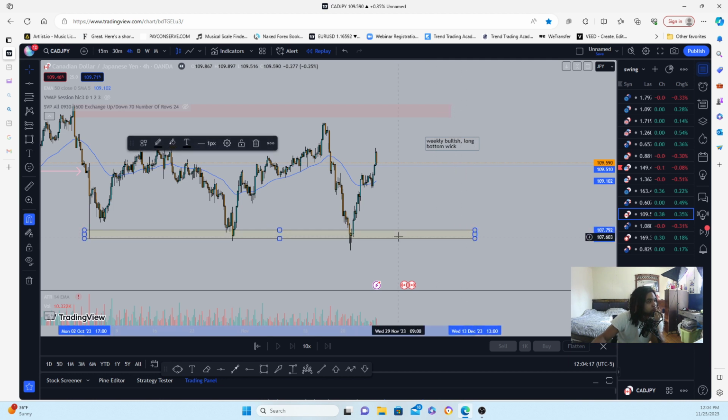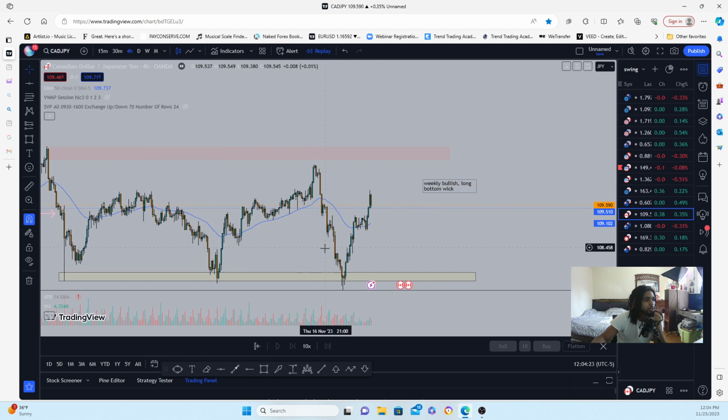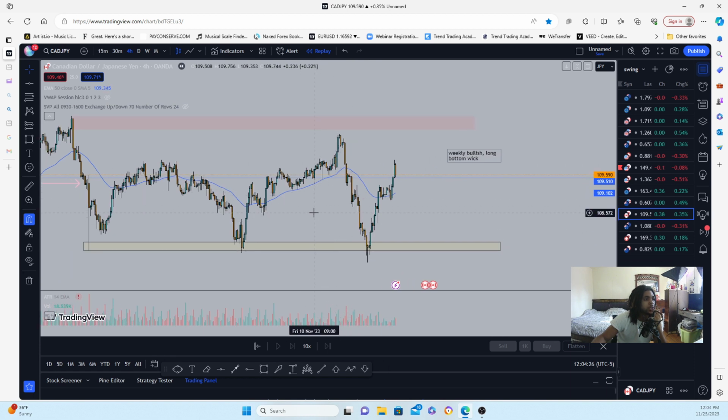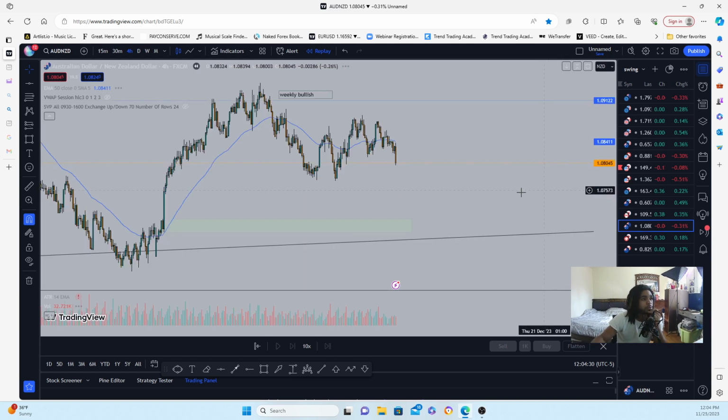I don't feel comfortable. There's really no breaker structure coming out. There's some nice bullish pressure, but there's no breaker structure. There's some nice bearish pressure. There's no breaker structure. So I'm just gonna wait and see what happens with that one.